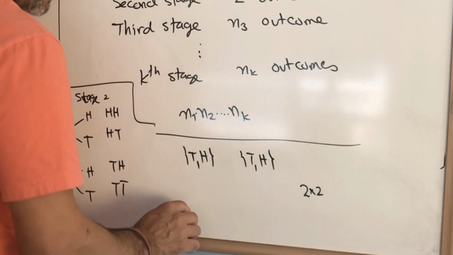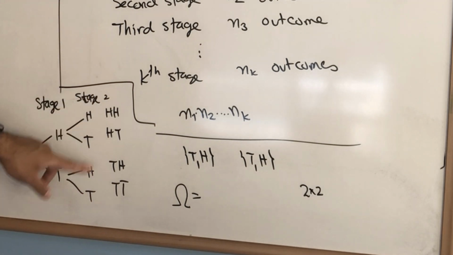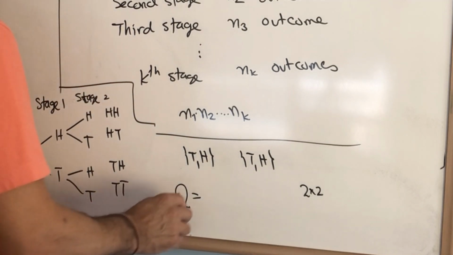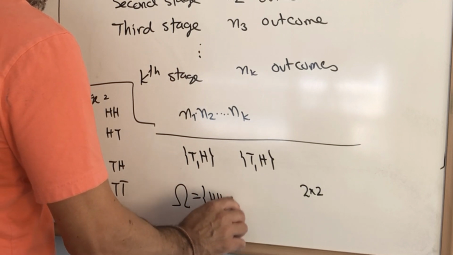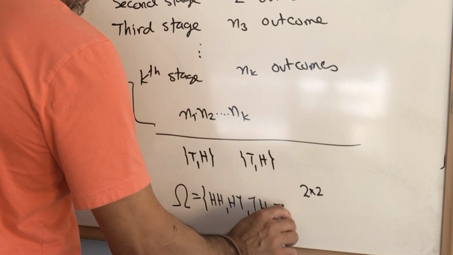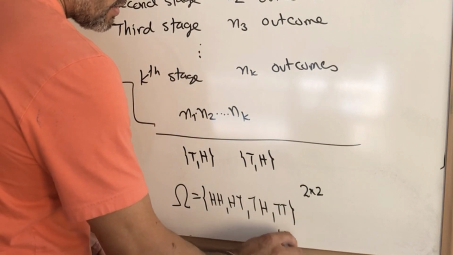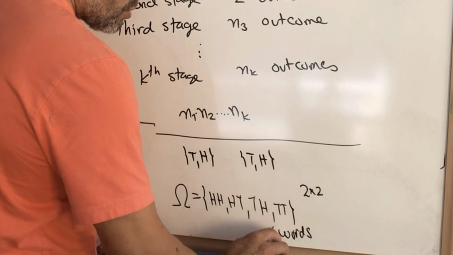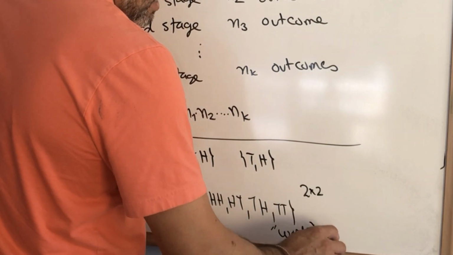In this case, the set that describes all the outcomes of the experiment is going to be head head, head tail, tail head, and tail tail. And remember that we are identifying these words, in the sense HH is considered like a word, with the Cartesian product.